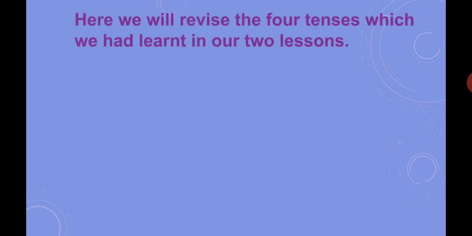Here we will revise the four tenses which we had learnt in our two lessons. Just remember, earlier we had learnt two tenses together in each lesson. In lesson number 14 we learnt simple present tense and present continuous tense, and in lesson number 15 we learnt simple past tense and simple future tense.